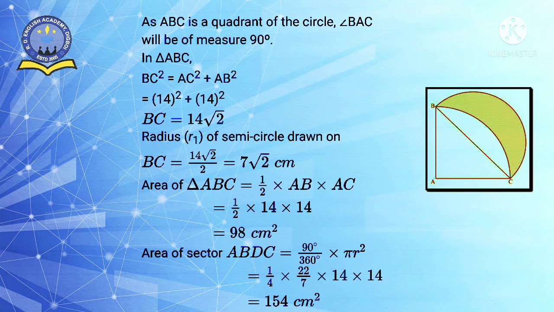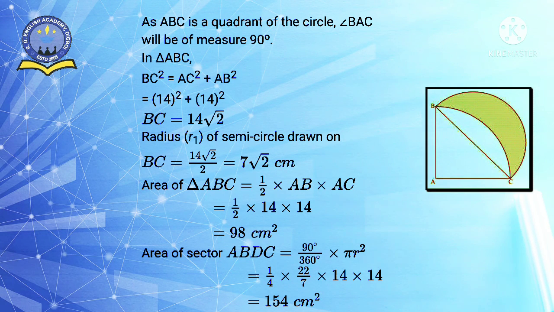As written, ABC is a quadrant. If it is a quadrant, obviously this angle is 90 degrees. That's why it is written angle BAC equals 90 degrees.